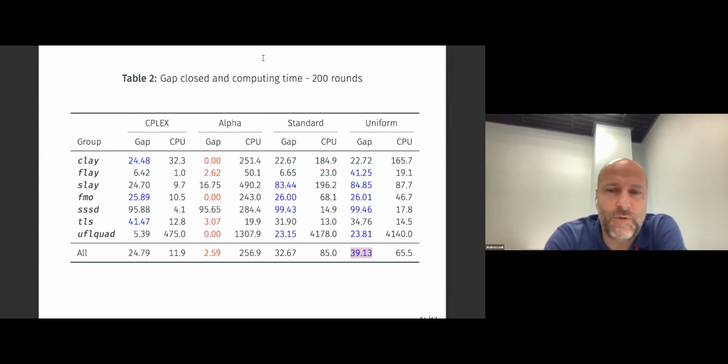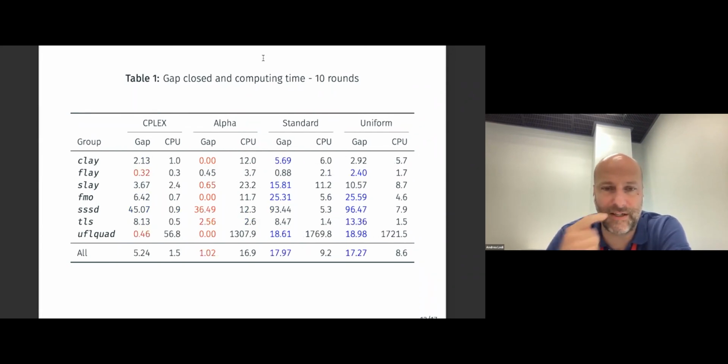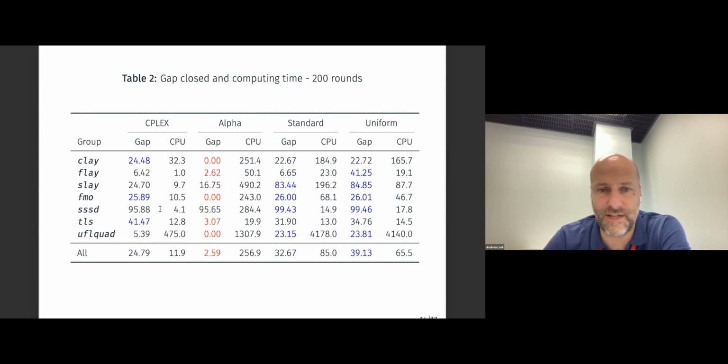I think we tried a lot of different things. Cplex in some particular situations is doing very well. Take this SSSD: Cplex gets 45% in only 10 rounds, while our approach goes immediately to 93 in 10 rounds, but then Cplex is able to catch up.